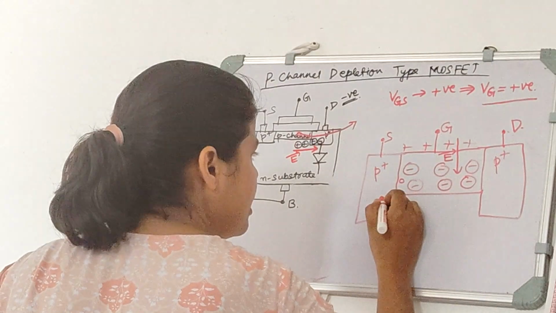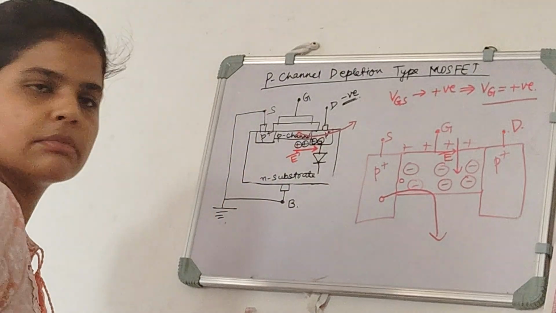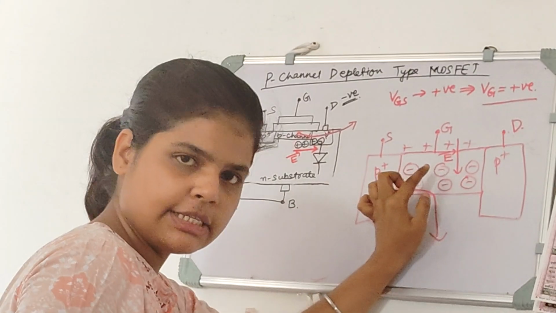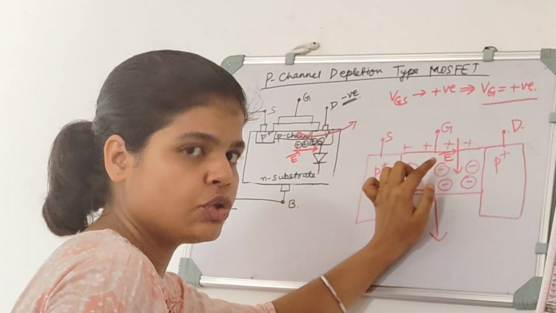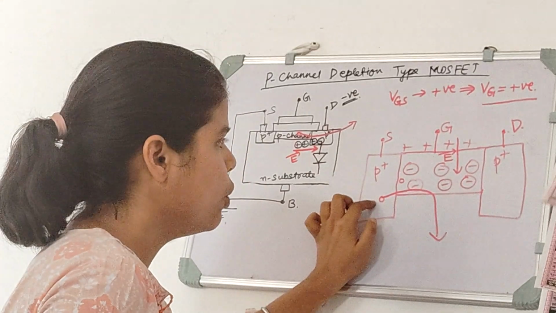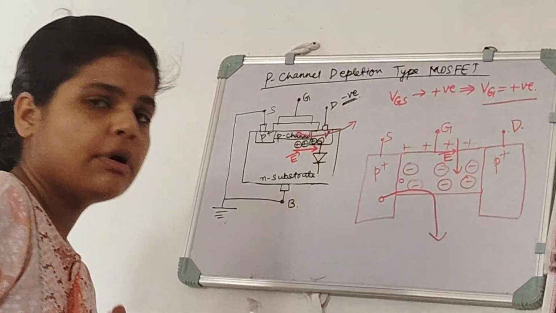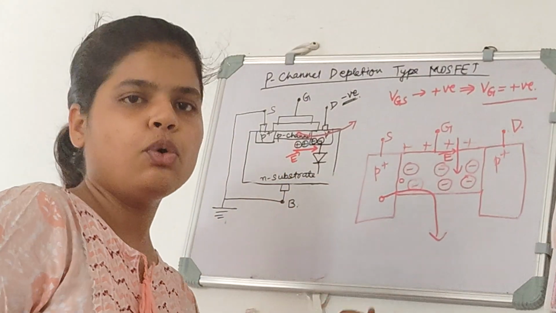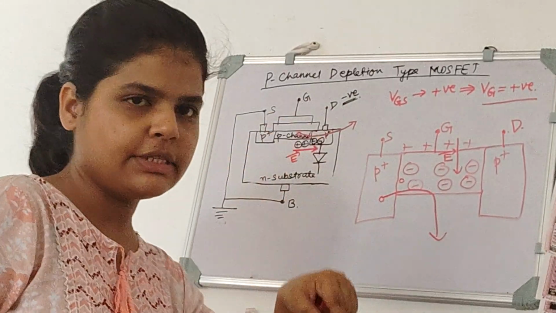Instead, they will just come like this, because we know that holes move in the same direction as electric field, and because this electric field is so strong that it won't allow any hole to go from source side to drain side. So even if any hole is there which wants to go from source to drain side, this electric field won't allow it to go from source to drain side.